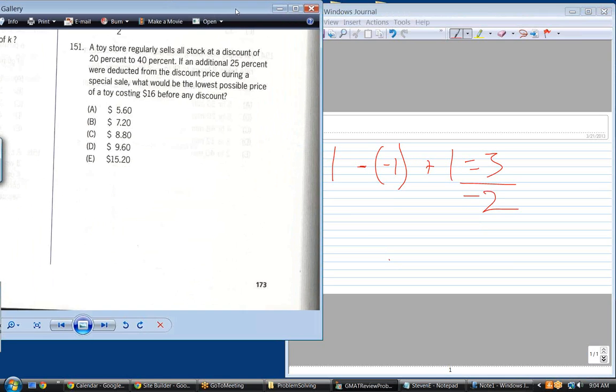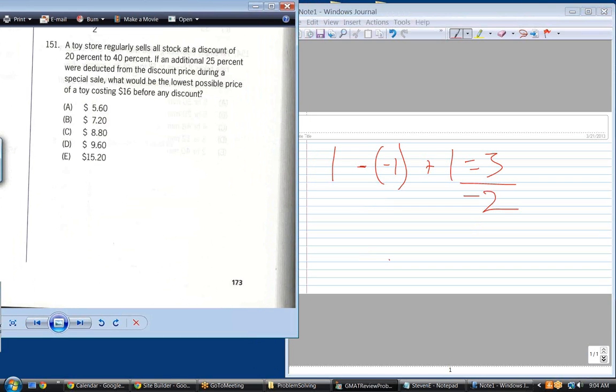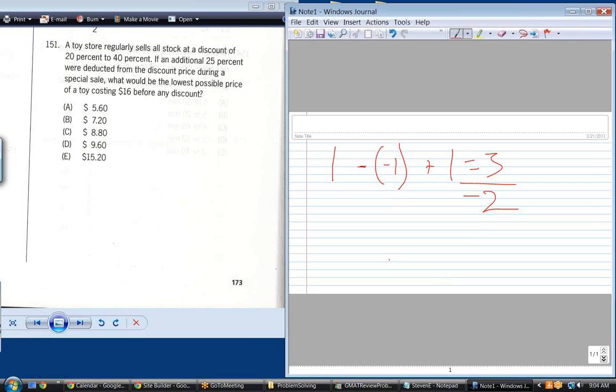All right, 151. Your toy store. Okay, so the lowest possible price, if their range is from 20 to 40%, I'm going to assume that their lowest is going to be at 40 when it's at 40%, and then you add another 25%.